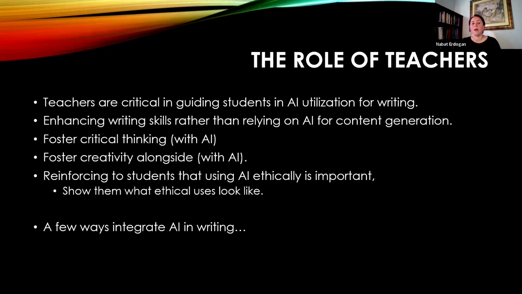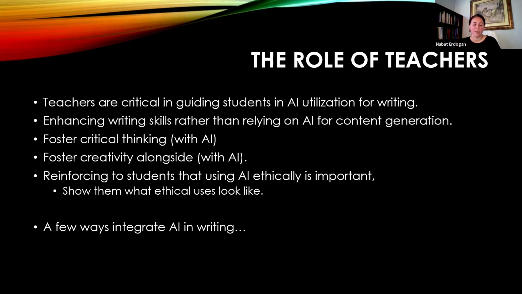And also it can help give feedback on drafts. And the nice thing about this is this feedback will be immediate. So AI can also be used to develop students' critical thinking skills. So, for example, teachers can prompt students to analyze and evaluate AI-generated content or discuss its accuracy and relevance.